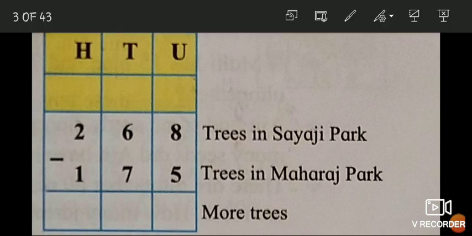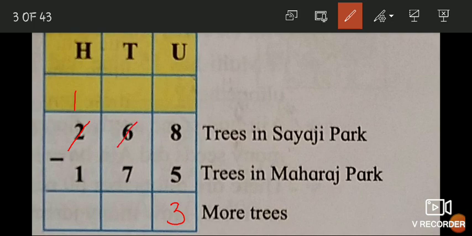So let's solve the sum. 8 minus 5 is 3. From 6, you cannot take away 7. So you go to the next number, take 1 from the hundreds place, you'll have 1 left.